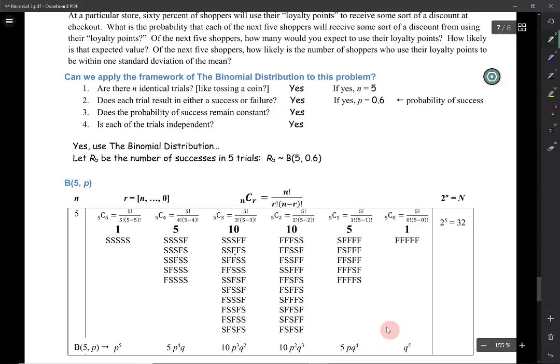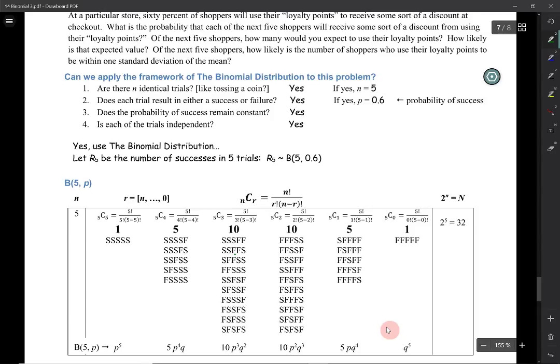So next one in the family, 0.2. We'll just go through these and then come back a little bit, right? You can see how the peak shifted, as this is for 0.1. Now this is for 0.2, and you can see that the mean, NP, 5 times 0.2 is 1.